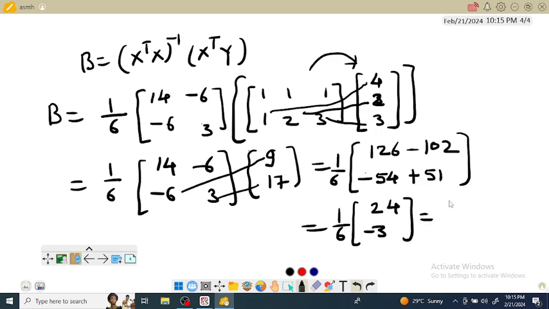So if you divide by 6 you will get 4 and minus 1 by 2, so it is minus 0.5. So the values of B, which is a and b, is equal to 4 and minus 0.5.